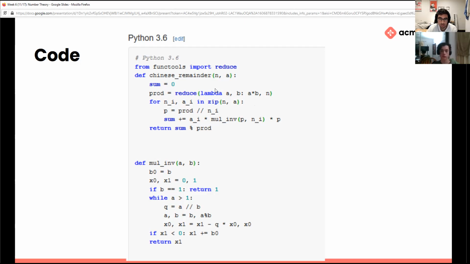So you don't have to reduce your input to a bunch of function calls with just two parameters. This one takes in an arbitrary amount of inputs.